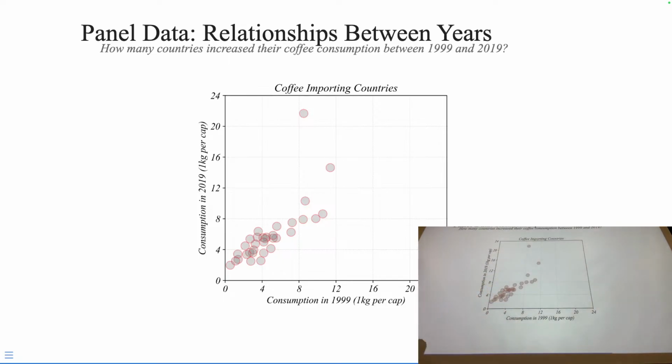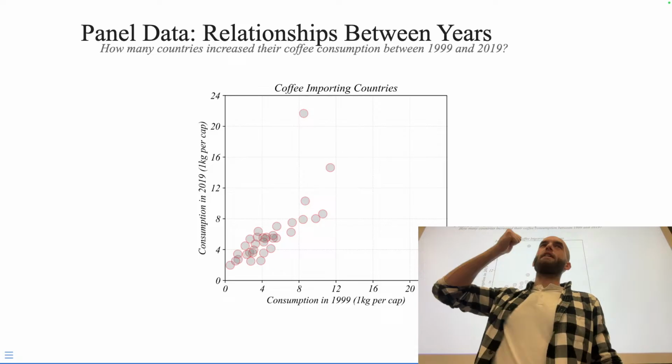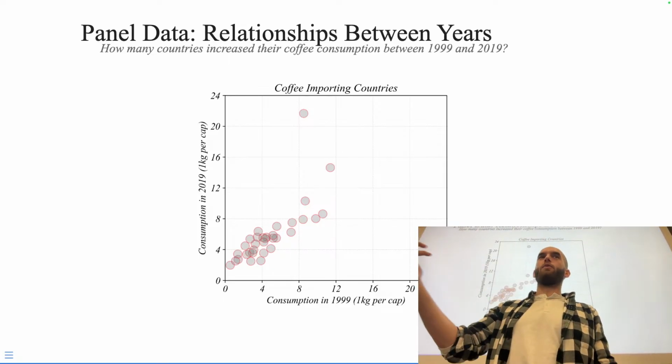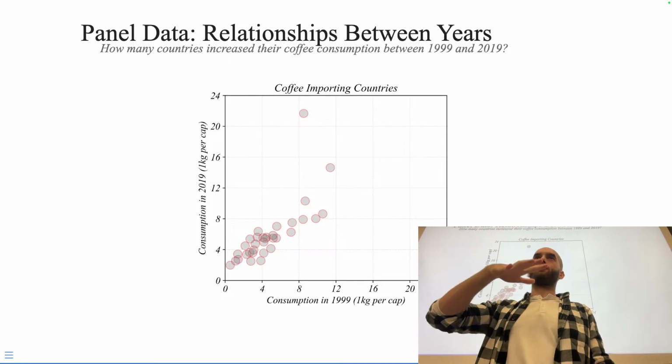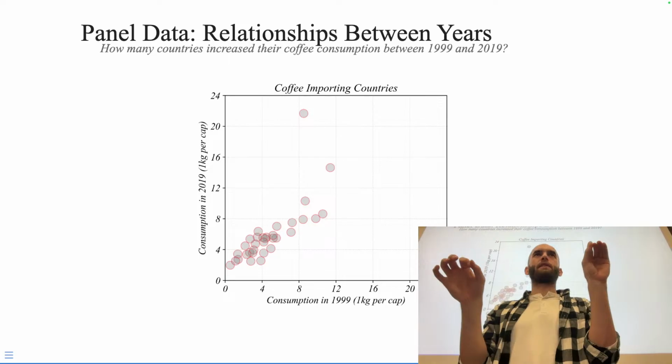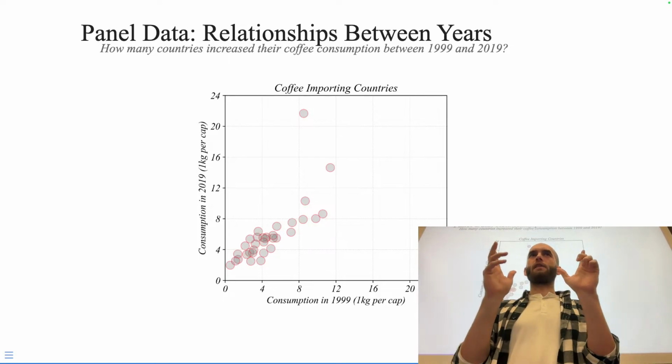And then on the vertical axis, I'm going to plot the coffee consumption per capita in 2019. My claim is that this allows us to answer these kinds of questions, similar to what a histogram of the changes would give us, but we also get the actual values themselves. So it does two different things for us.